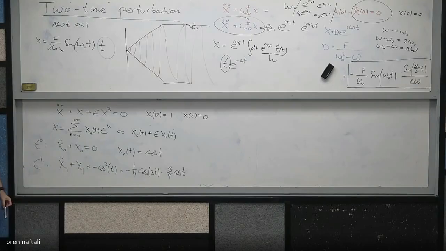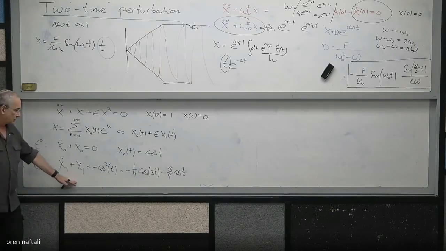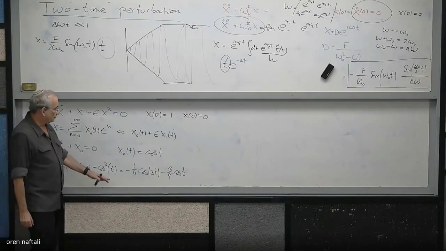Okay? And now we are in big troubles. Why are we in big troubles? Two omegas. What's this? Frequencies. We have the standard harmonic oscillator, the homogeneous equation, and now we have two perturbations.